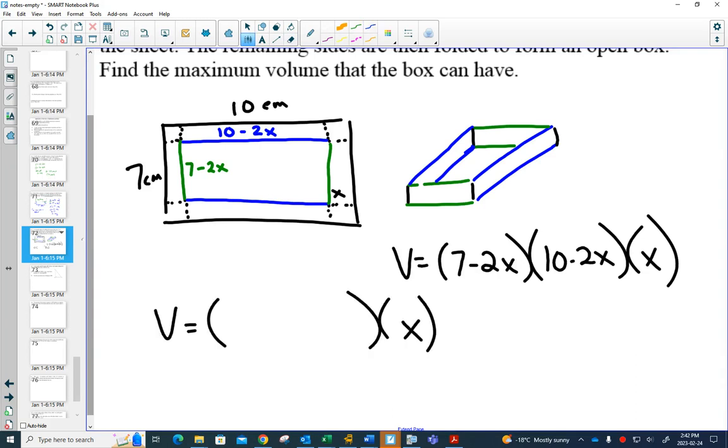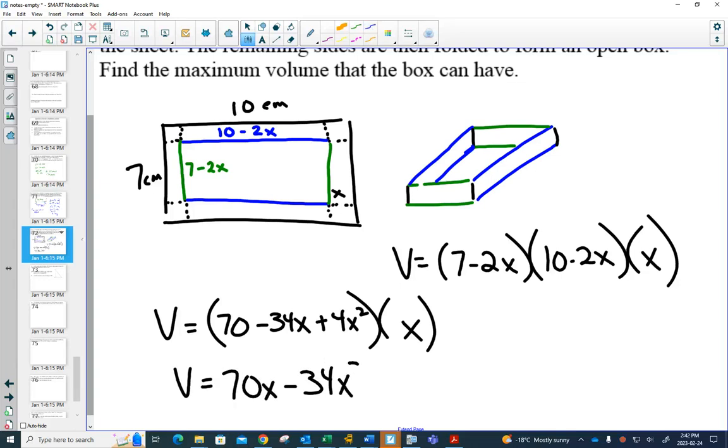I'll multiply these two first, so I would get 70 minus 34x plus 4x squared. And then multiply that through the x, 70x minus 34x squared plus 4x cubed. That's the equation when it's multiplied all the way up.